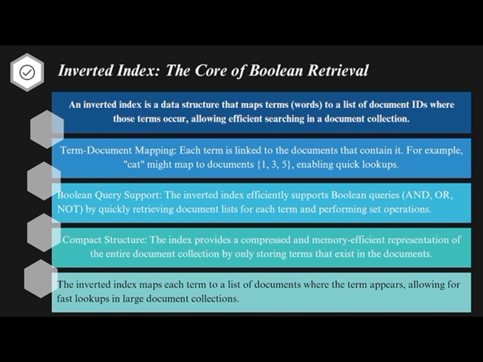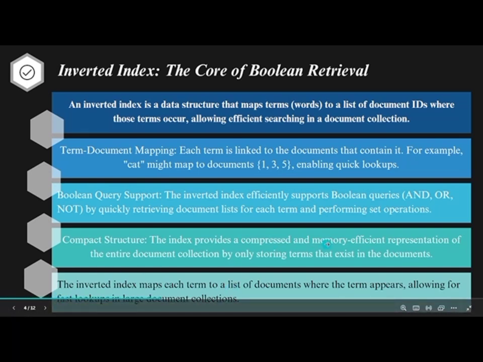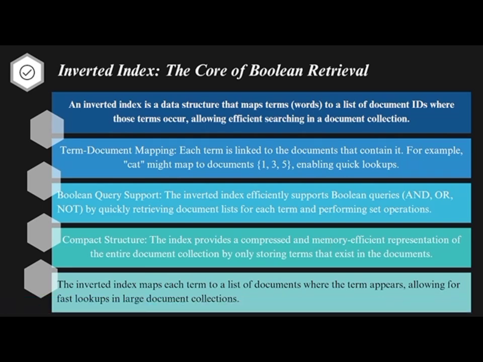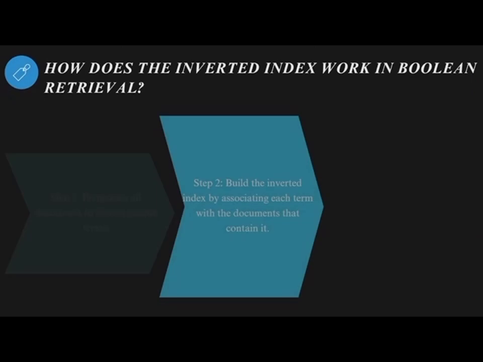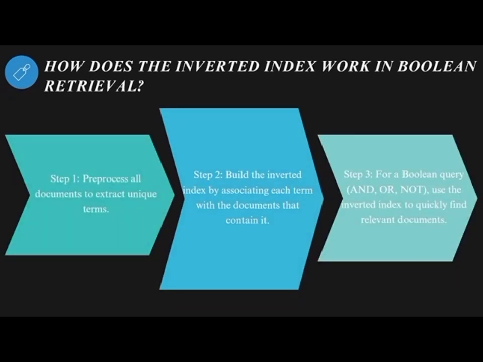This makes it compact and scalable for large collections of documents. The inverted index maps each term to the list of documents, so search is faster and more efficient, and it supports Boolean searches easily.